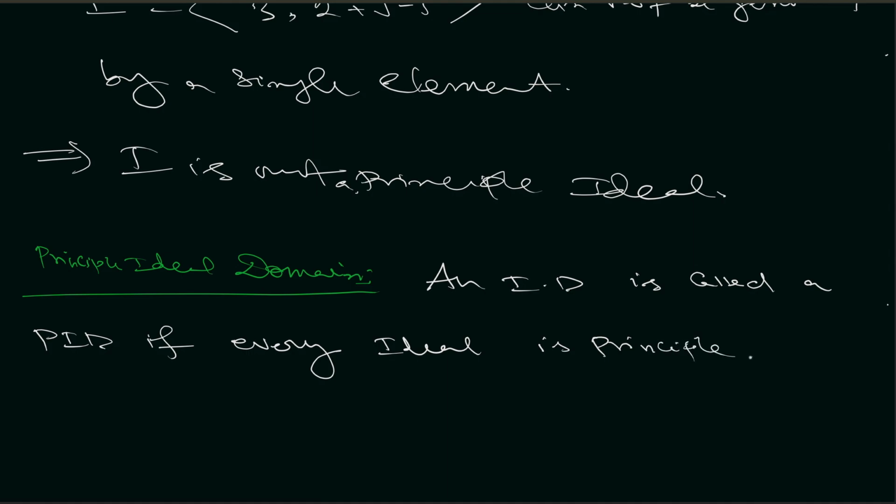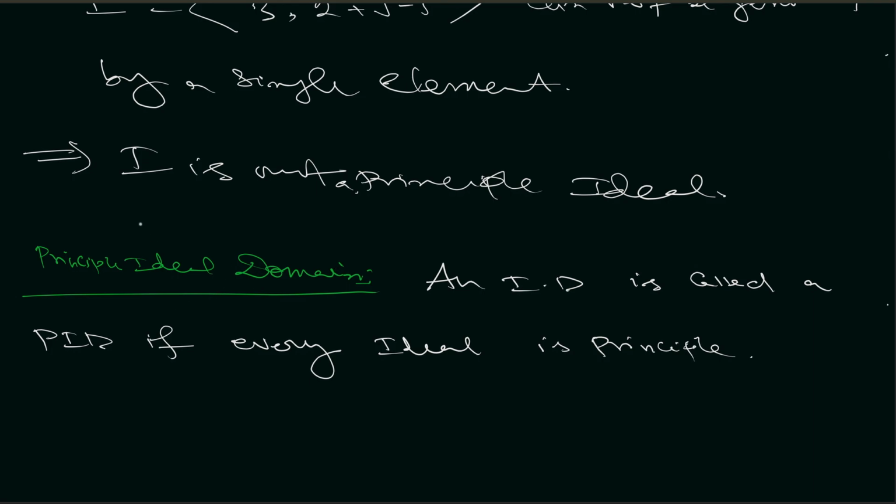This is a special case, where every ideal is generated by some single element. After that we will define something called a Noetherian domain, where every ideal is generated by a finite set of generators. As of now we define the principal ideal domain: every ideal is generated by a single element, right?